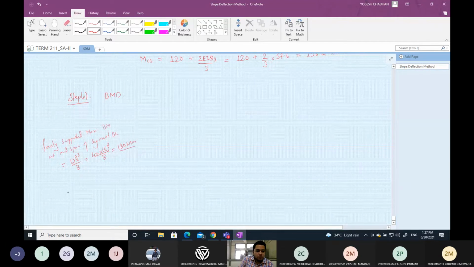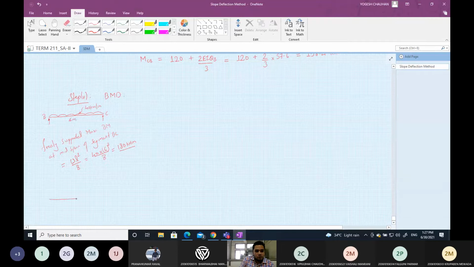Okay, that means this is B, this is C, and it is loaded with 40 kilonewton per meter, 6 meter is the length.